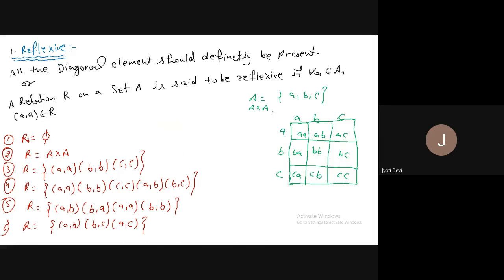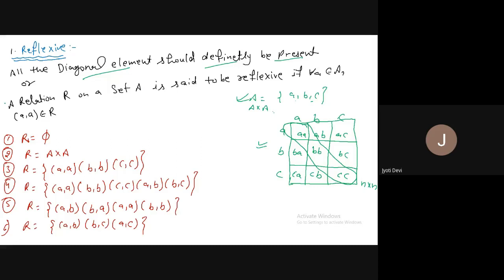Reflexive means all the diagonal elements should definitely be present. For example, in a set I have three elements A, B and C. Then what is the cross matrix? What are the possible pairs?